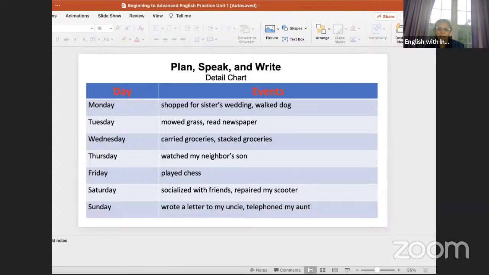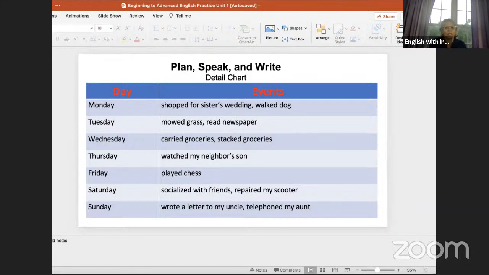Tuesday, mowed grass. Mowed, I hope you know mowed means grass katna. Read newspaper, right? So the word read, because we are talking about what we did all week. This one you can use in a future form or you can use in a past form also, right? If you are telling something you did last week, you can use all the past tenses.